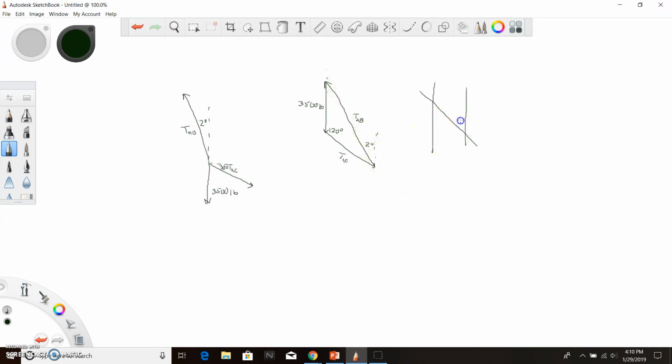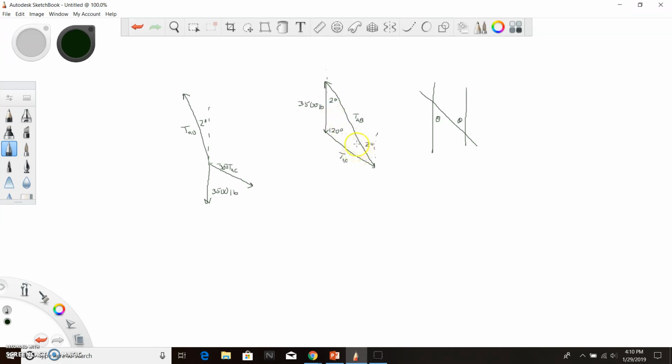This angle, we'll call it theta, is equal to that angle. Those 2 angles are equal. So if this is 2 degrees, this one right here also is going to be 2 degrees.